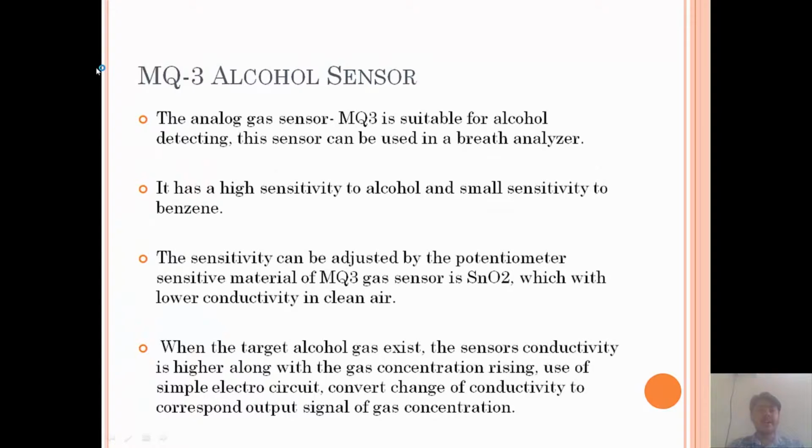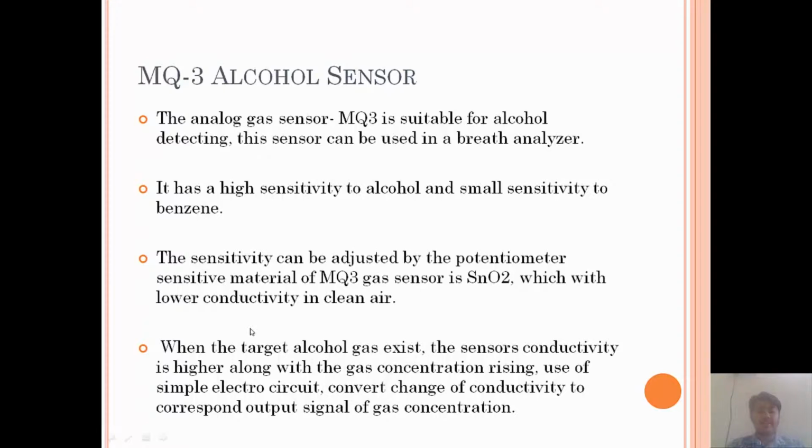Now the second component is our MQ3 alcohol sensor. This sensor is suitable for alcohol detection and can be used in a breath analyzer. It has high sensitivity to alcohol and small sensitivity to benzene. The sensitivity can be adjusted by a potentiometer. The MQ3 gas sensor uses SnO2, which has lower conductivity in clean air.